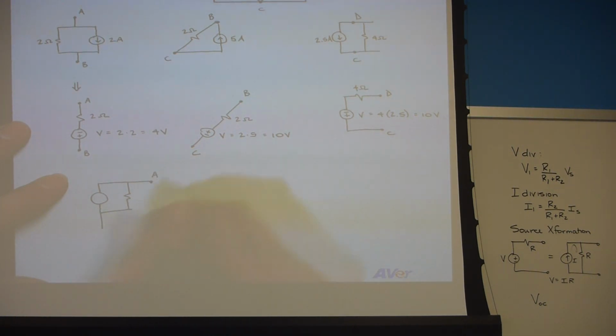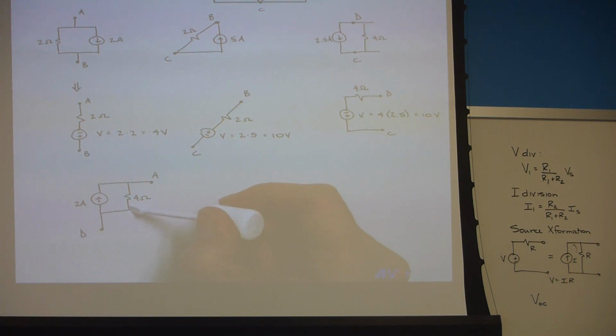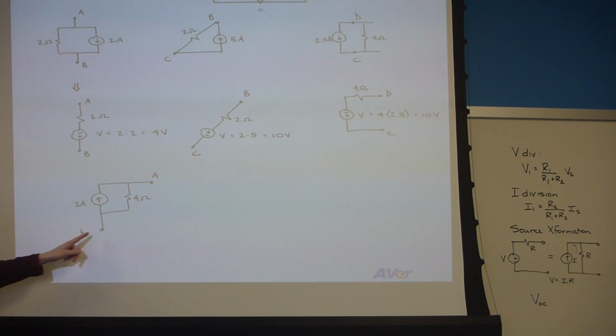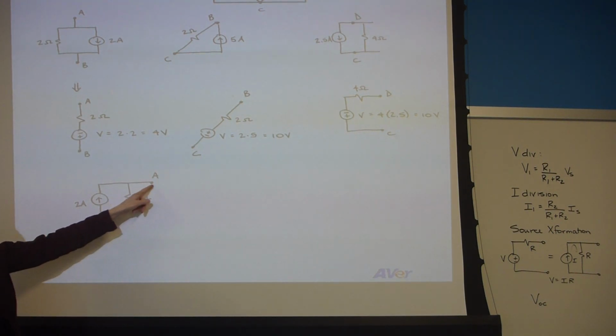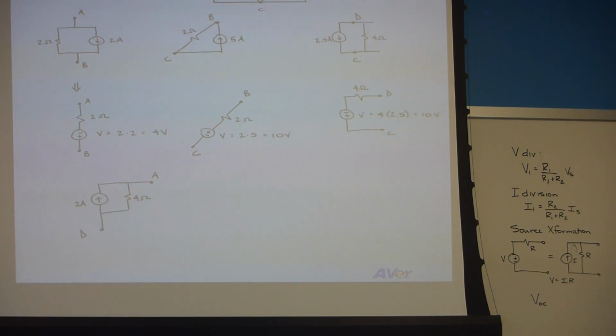So here's A, and here's D. 2 amps going up, 4 ohms. Make sure you agree that those are connected properly. The 4 ohm resistor is not quite as directly connected. The line doesn't go straight from A to D, but it does go from D through this jog, through the 4 ohm, and to A. So this is connected in the same way.